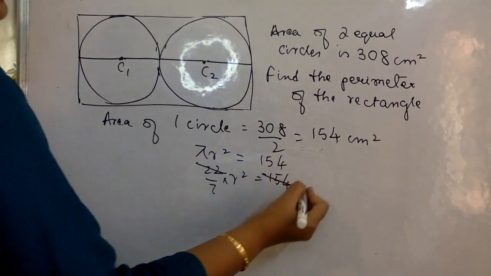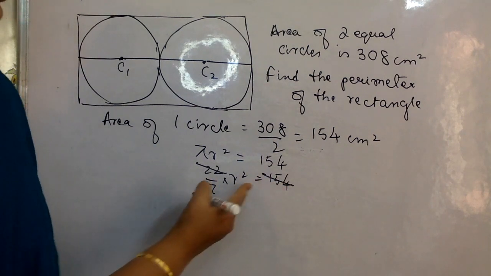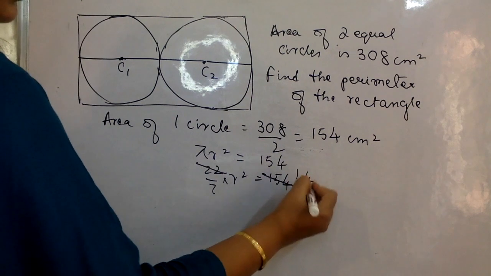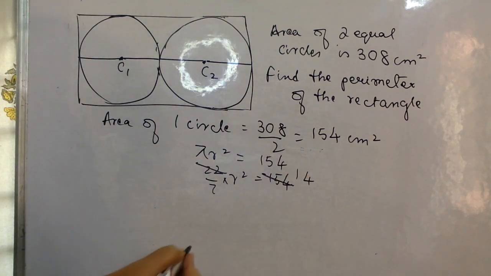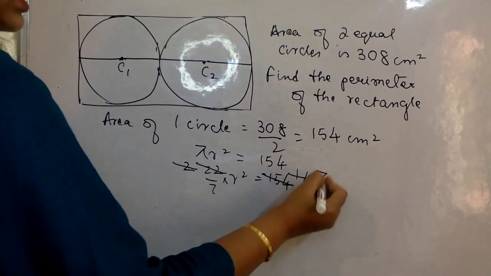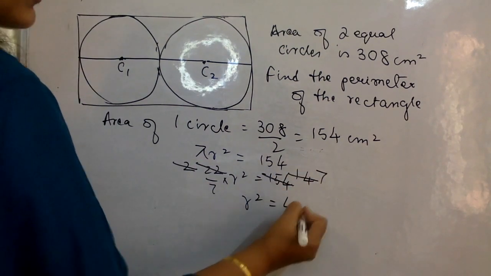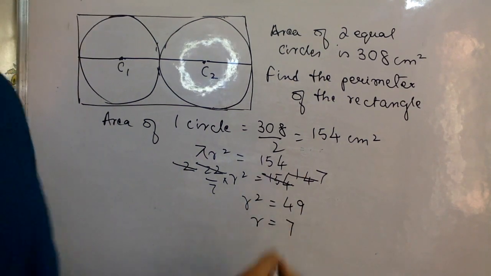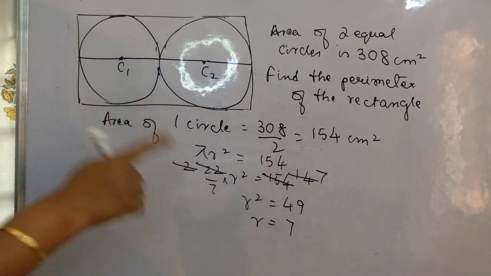Okay, with the 11, 14, now cut this 7. Radius square is 49. This 7 goes up. R is equal to 7. So the radius of any one circle comes to 7.